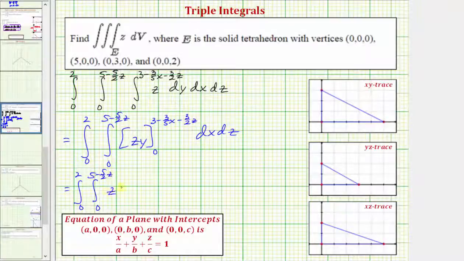So we're going to have z times the quantity 3 minus 3/5 x minus 3/2 z, minus, when y is 0, of course we have 0. Notice how the new integrand function is going to be 3z minus 3/5 xz minus 3/2 z squared when we distribute z.